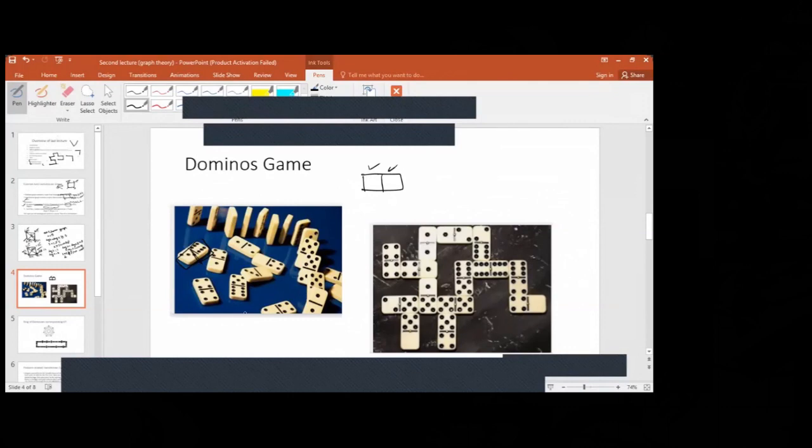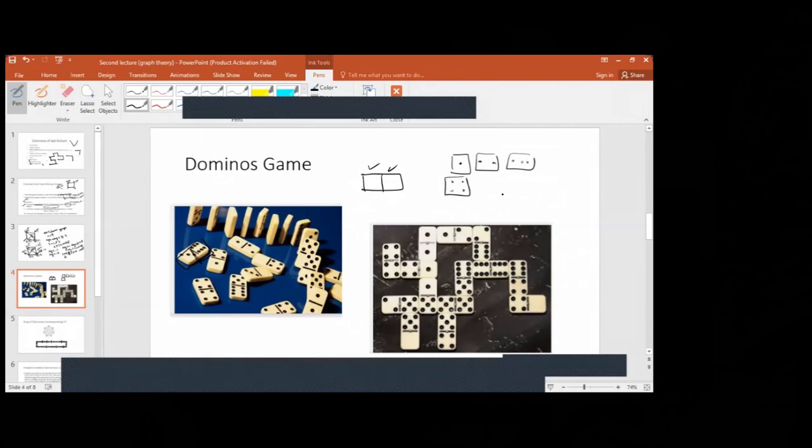Each square is marked with a number of dots, for example dots in a dice: 1, 2, 3, 4, 5, and 6, or it will be empty. The number on each square is also called pips or dots, or is blank.